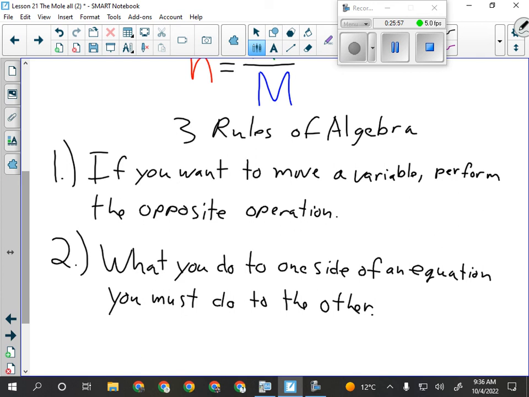You don't even need the third rule for this equation, but we're going to go over it anyway.